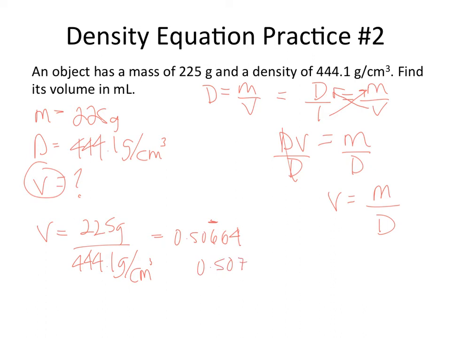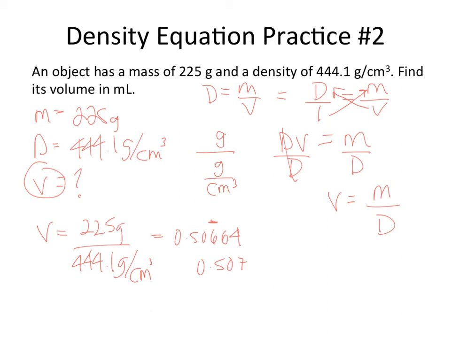Now obviously we need to have units, so we have an appropriate quantity. Let's analyze the units here. Notice, guys, I am dividing grams by grams per centimeter cubed. A way to look at this is that we have grams on top and then grams divided by centimeters cubed on the bottom.